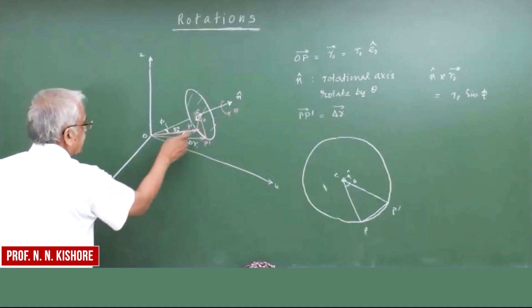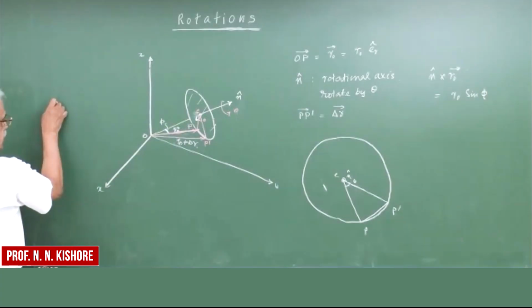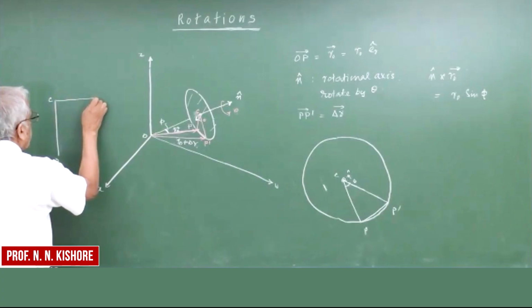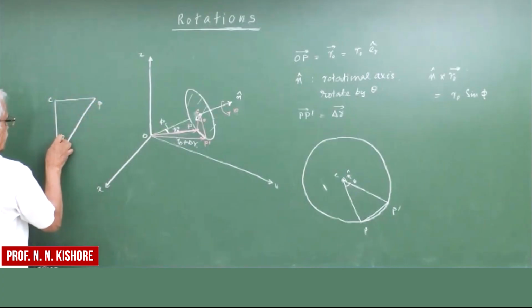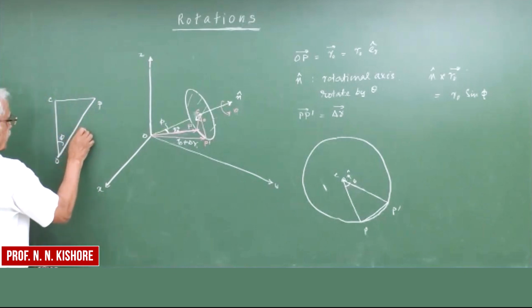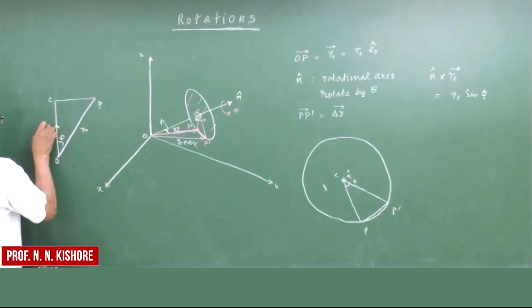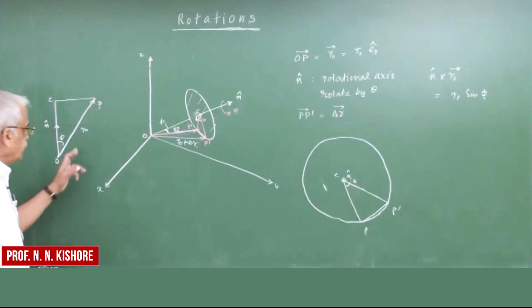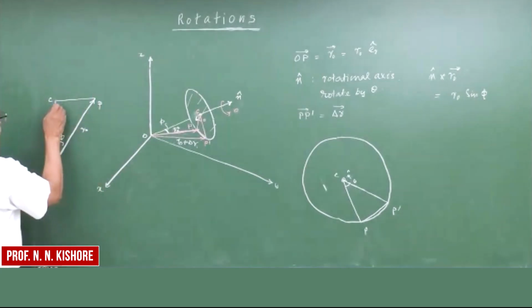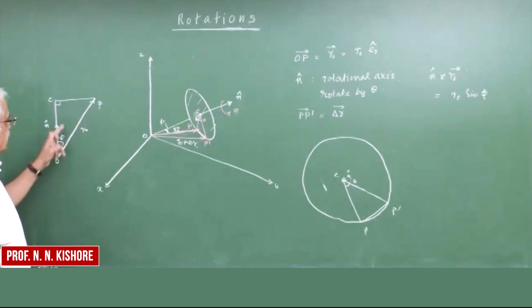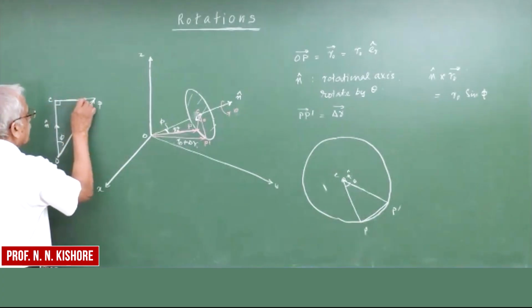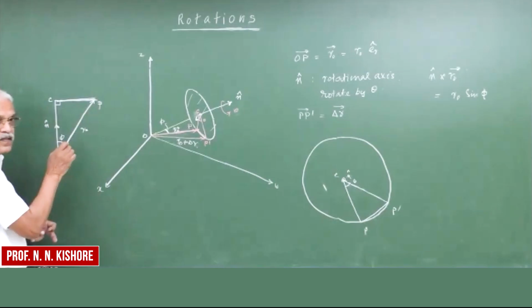So if I see here O, C, and P, this is phi, this is R naught, and this is the vector N. If you take the cross product of these two, this being 90 degrees, this is nothing but this radius.